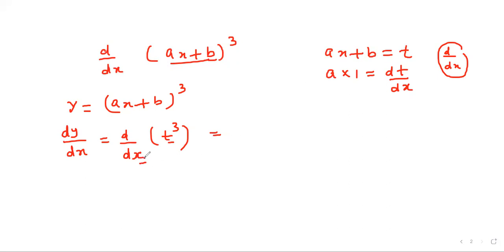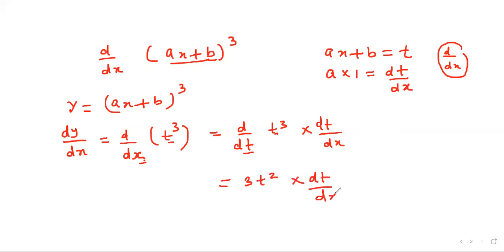So we change this x to t, so we write d upon dt, and then this is t cube. To cancel this dt, we multiply it here, and this dx we write here. Now this can be differentiated, and this will give 3t square into dt upon dx.